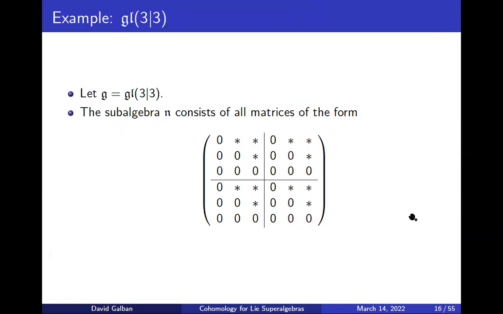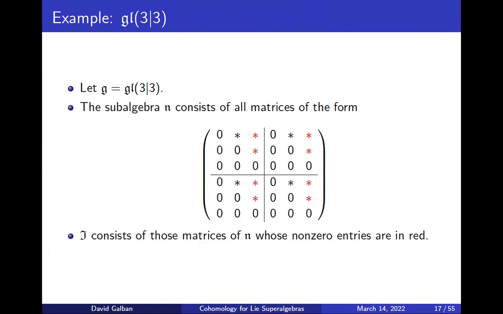So as an example of how this would work in the case of GL(3|3), well, the subalgebra N is going to consist of all matrices that are strictly upper triangular in each of the 4 quadrants. And then I, the ideal that we're interested in, is just going to be the matrices whose non-zero entries are in red. And so essentially, that's just going to be the rightmost column of each of the 4 quadrants.